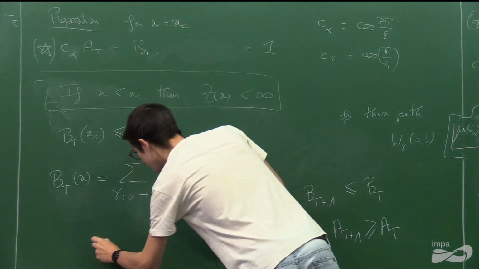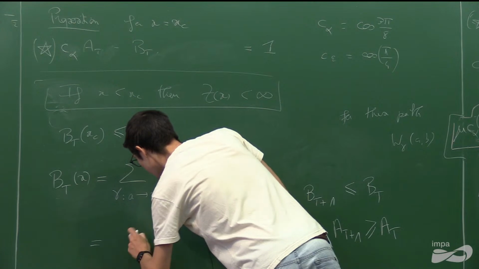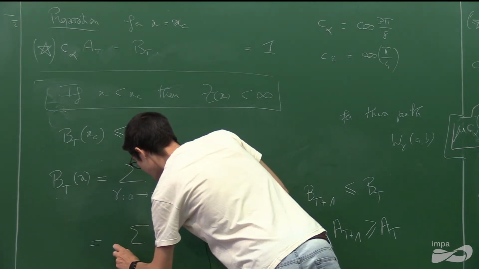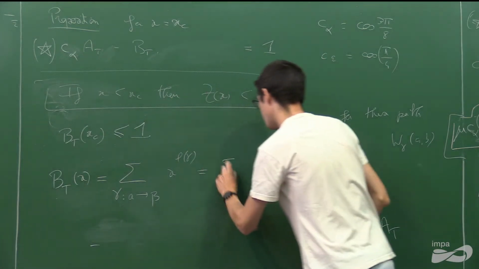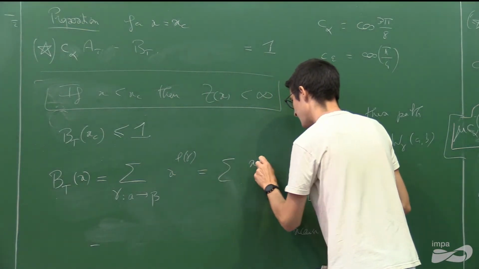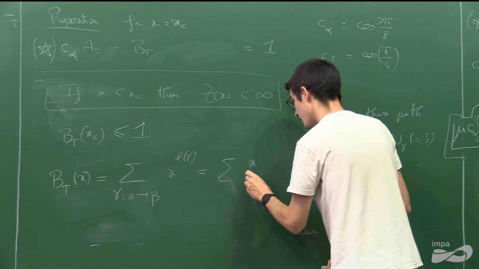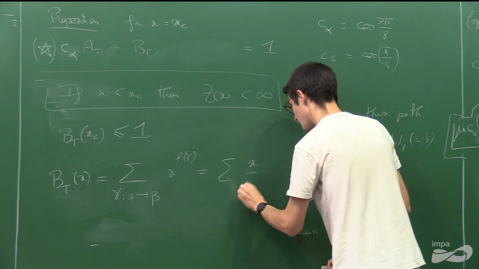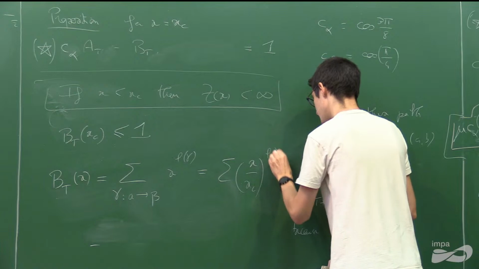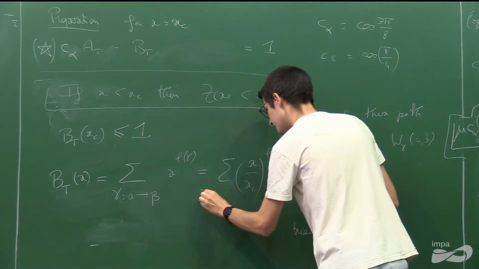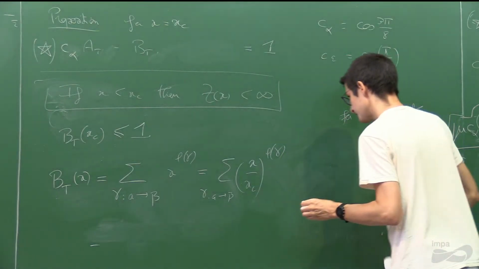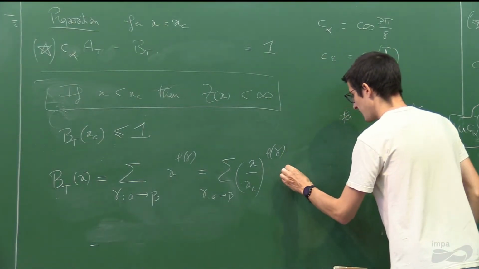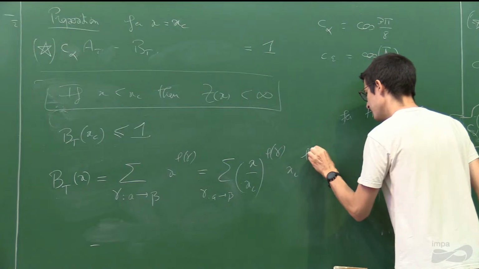And you can just write it as x over xc to the L gamma times xc to the L gamma.